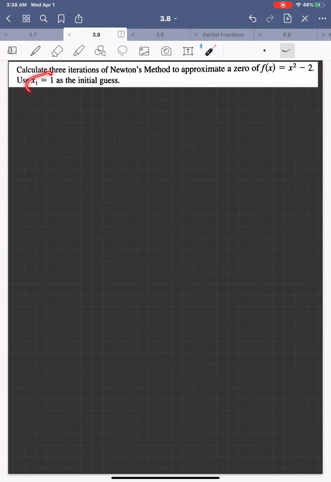I'm just going to show you this technique on a baby problem, and then I'll show you how you could use it on a problem that is much more difficult. So how does this work? Well, the things that you're going to need are obviously the function f of x, which was given, and you're going to need the derivative of that function. In that case, it's just 2x.